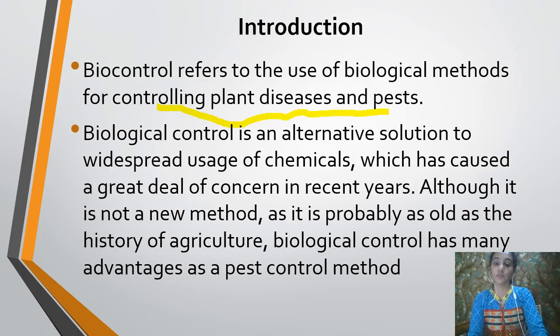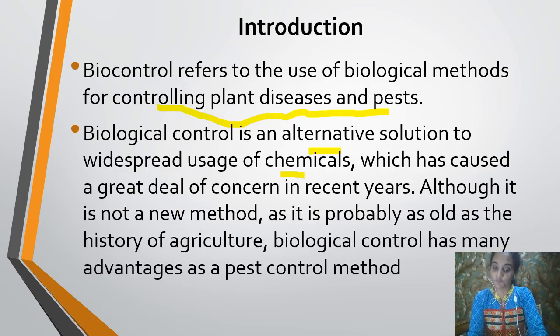This biocontrol method is an alternative solution and we have to avoid the use of the chemical. If we are using the chemicals, of course we are getting good protection at that time. But if you are thinking about a long-term process, your use of the chemicals has to be reduced. Otherwise, the quality of the soil will be lost.